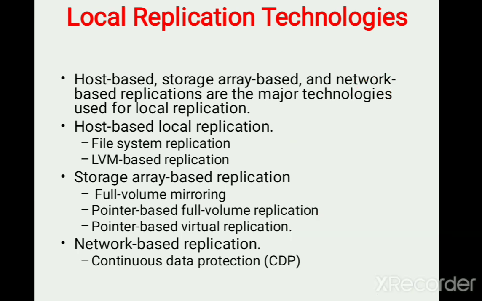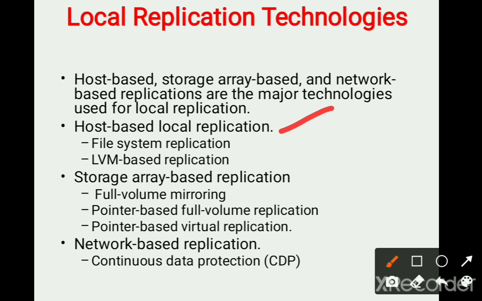We categorize this into three forms. One is host based replication, the second is storage array based replication, and the third is network based replication. In host based replication, we again categorize into two forms: one is the file system, and the second is LVM, that is logical volume manager.